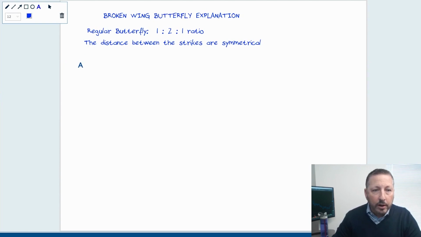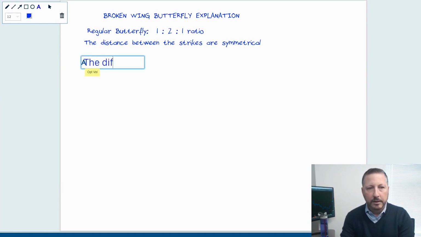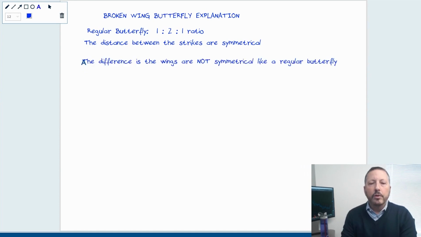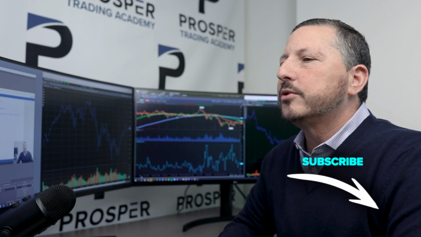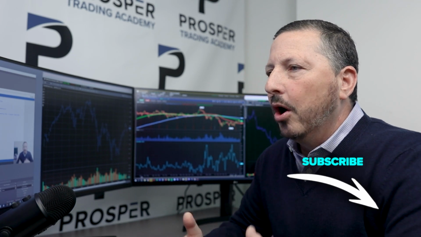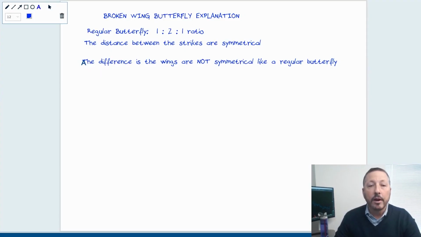But in a broken wing, the wings are not symmetrical. It's still a 1 to 2 to 1 ratio because we still always want to lock in and know that we have our maximum risk defined. So we still need to have an equal number of long options and short options.